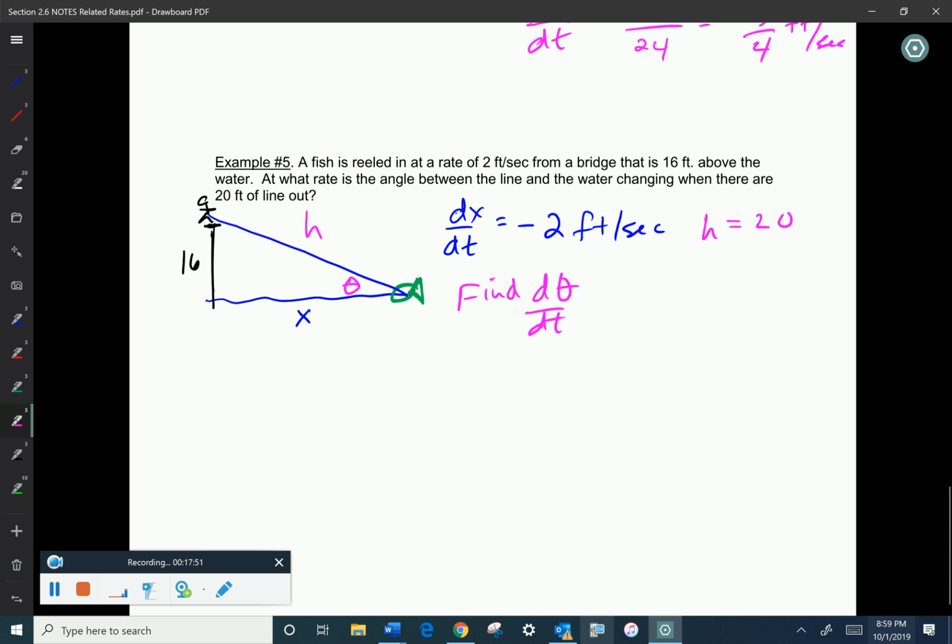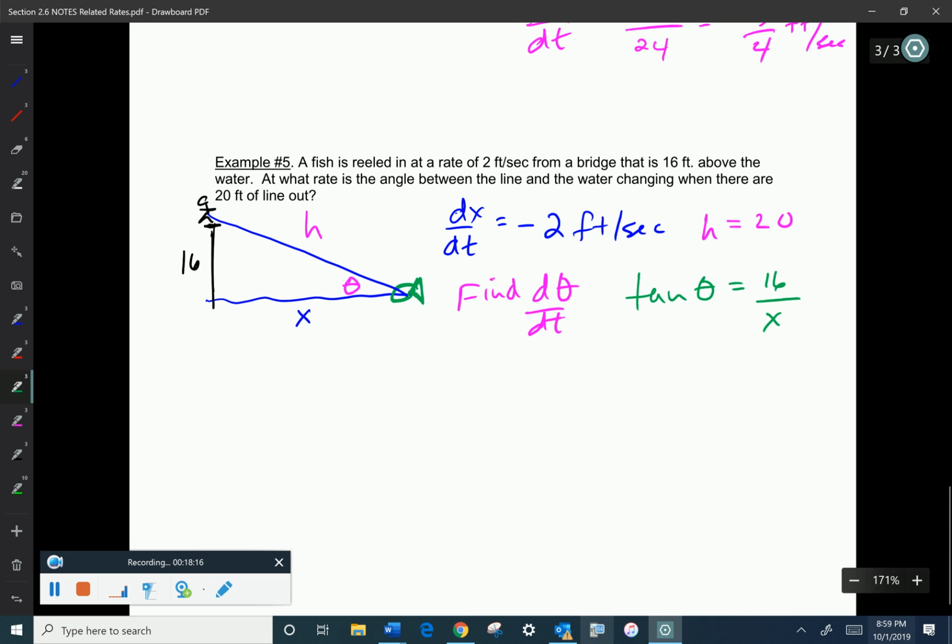And I'm given dx dt, so why don't I pick a trig function that uses x and 16? So there's my angle theta. Wouldn't that be tangent? So what if I say tangent of theta equals opposite over adjacent, right? 16 over x. So I'm ready to take the derivative.